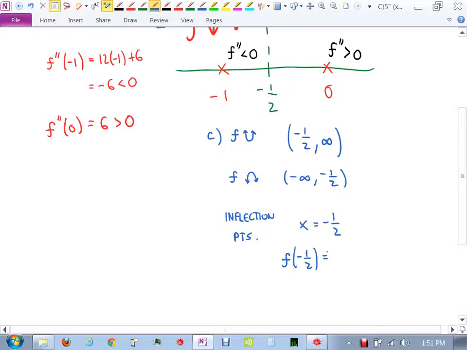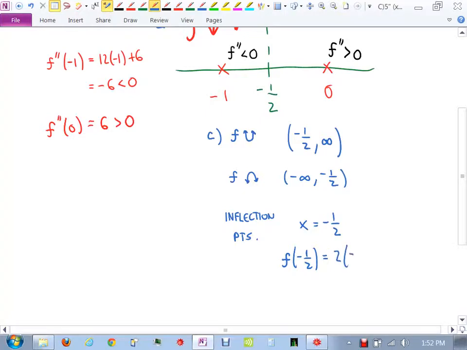Negative what? Please, not all at one time. Raise your hand. Where are we plugging this into? 2x cubed plus 3x squared, right?